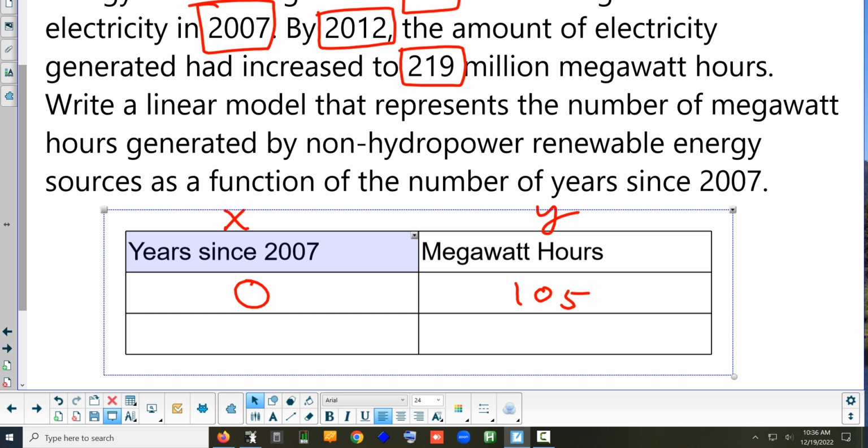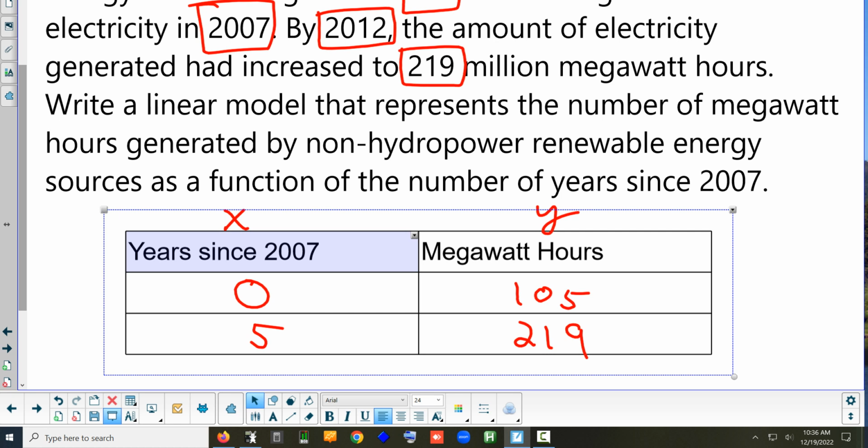Now the next one says by 2012, how much energy did they generate in 2012? 219 million. And that was in what year? 2012. How many years is 2012 since 2007? 5.